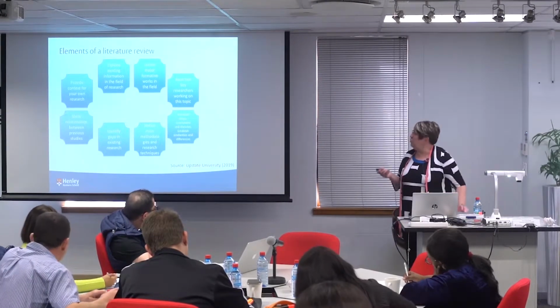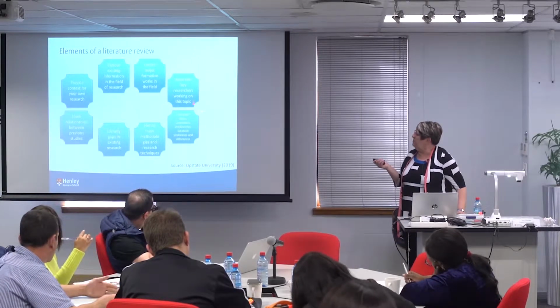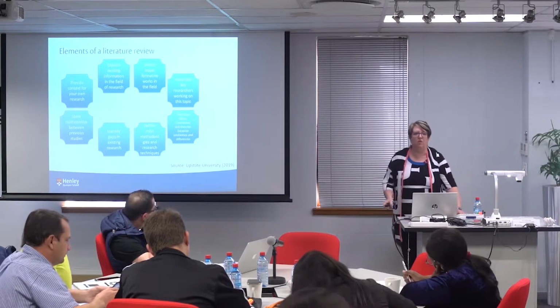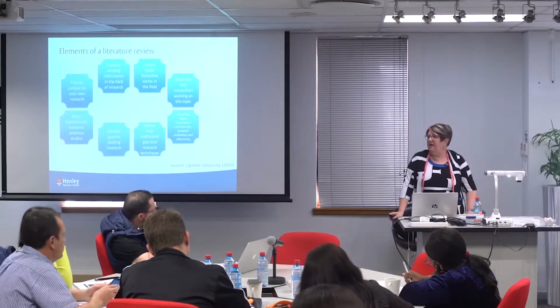Then you must also find certain key researchers working on this topic. You will find that when you go into a search engine and you find articles on your topic, you're going to see that there are maybe more than one article by the same author.